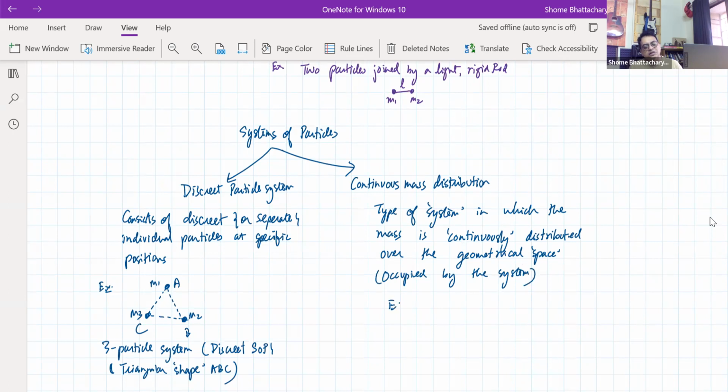So the example is any rigid body. For example, the continuous mass system could be in the shape of a cylinder. It could be in the shape of a spherical shell.